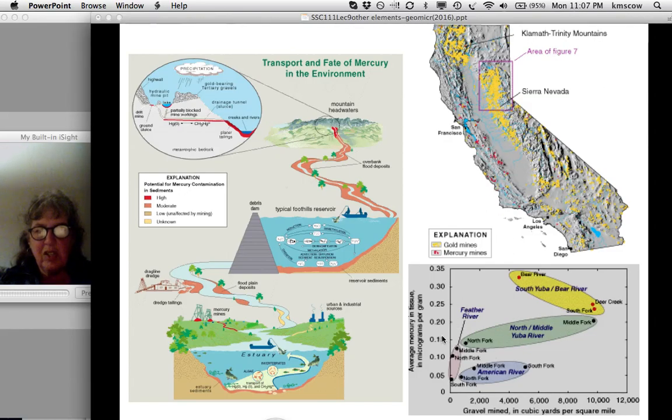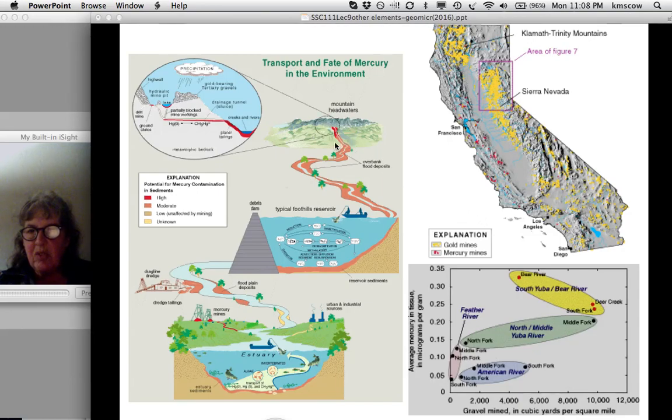And this is a figure showing mercury that's found in microbes in these different environments, where the higher concentration is found in the streams that had the most gravel mined, that had the most exposure to mining activities, and a pretty direct relationship between that, how much mercury is going to be there in microbes as an indicator, and how seriously it's been impacted by mining.